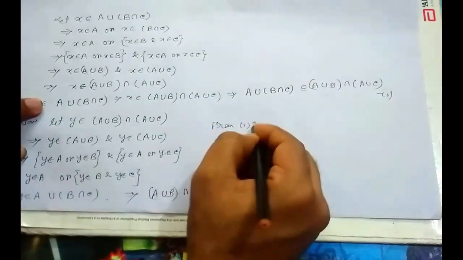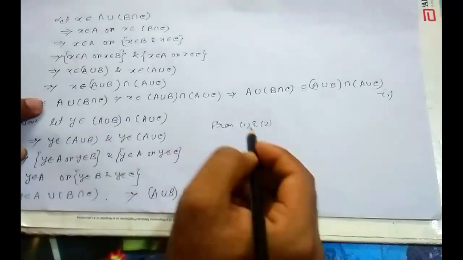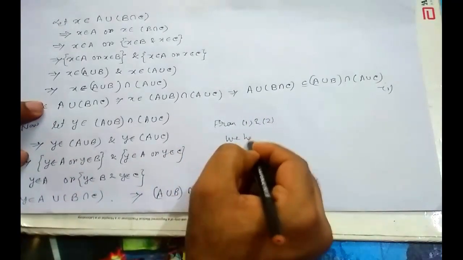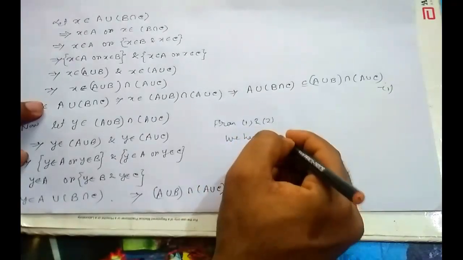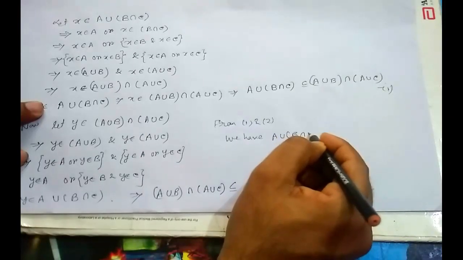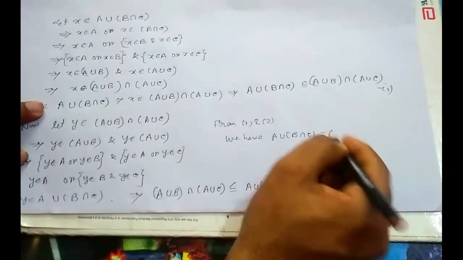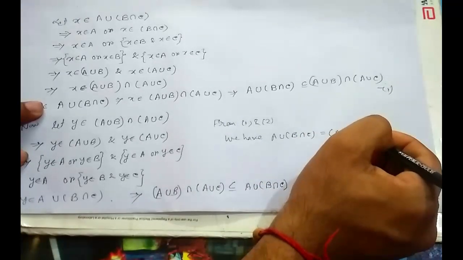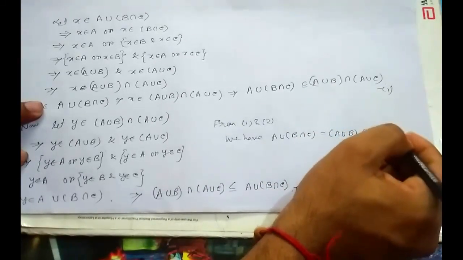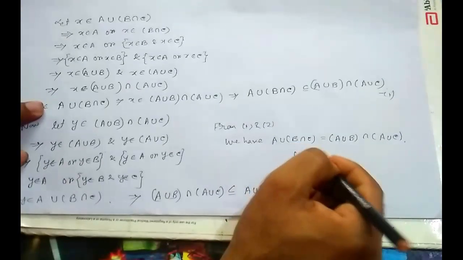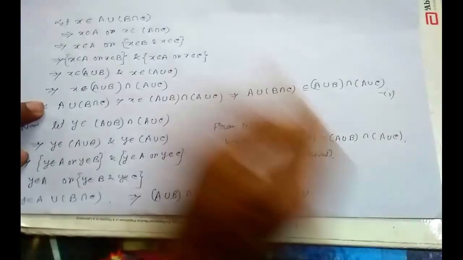So from 1 and 2, we have A union B intersection C is equal to A union B intersection A union C. Proved. Okay.